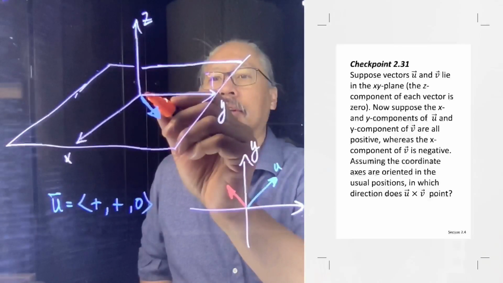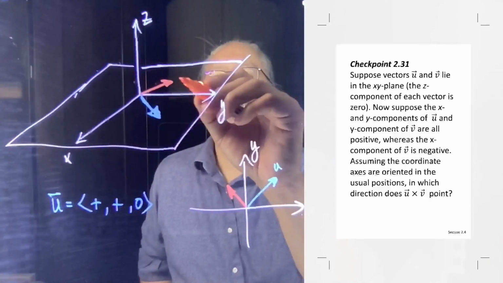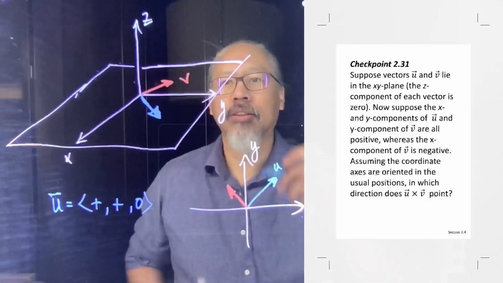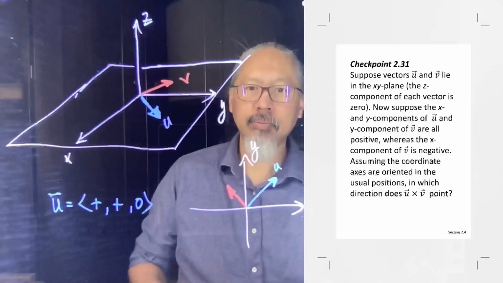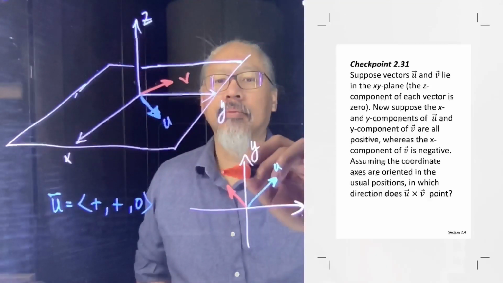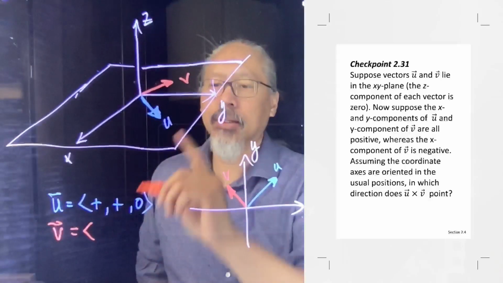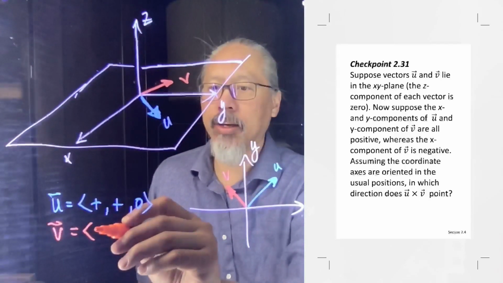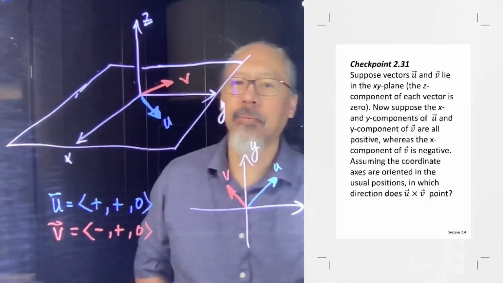So we would draw v over here. Okay, let's draw u and then v. So v, the vector, has a negative x, a positive y, and a 0.